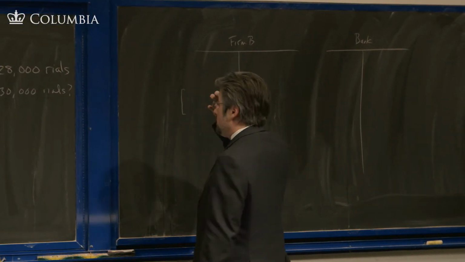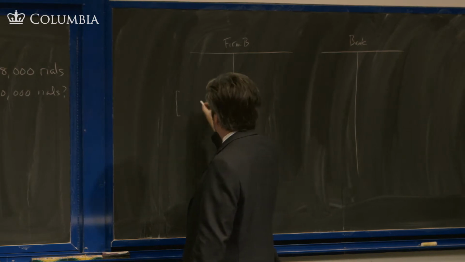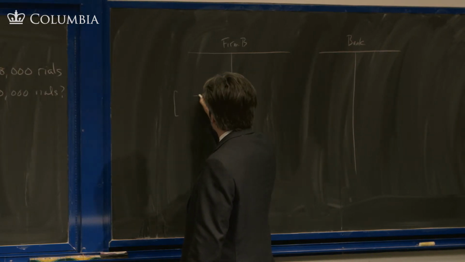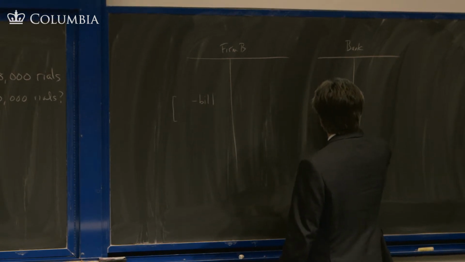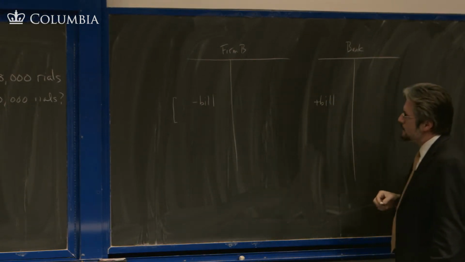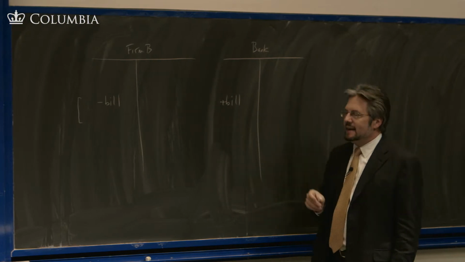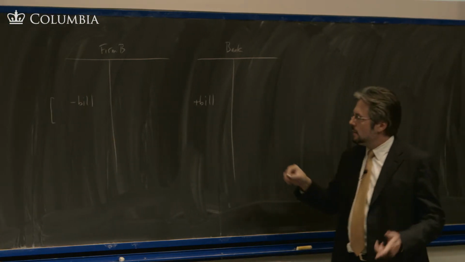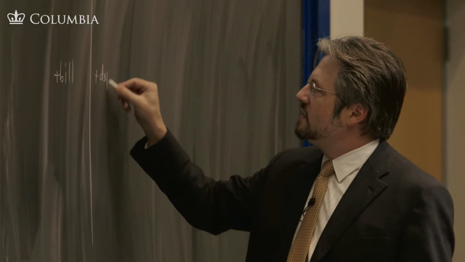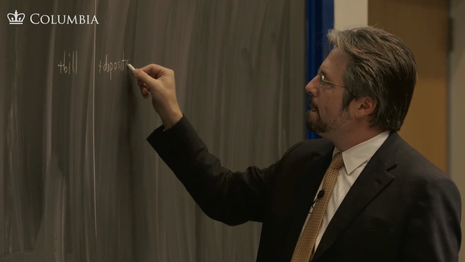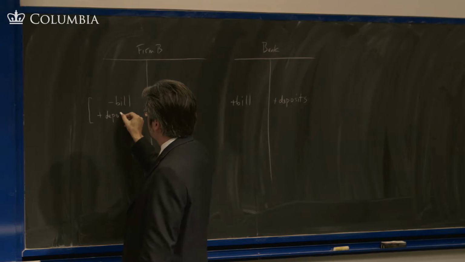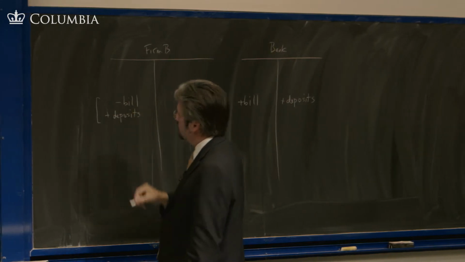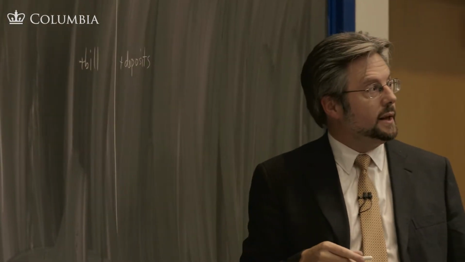Okay, still, firm B is still going to get rid of the bill. But it may be that the bank, instead of paying out notes, pays out by expanding its balance sheet, if firm B is willing to accept a deposit instead of notes.